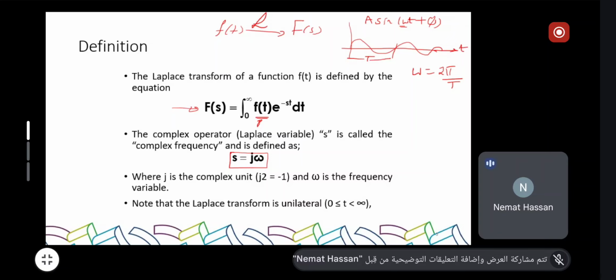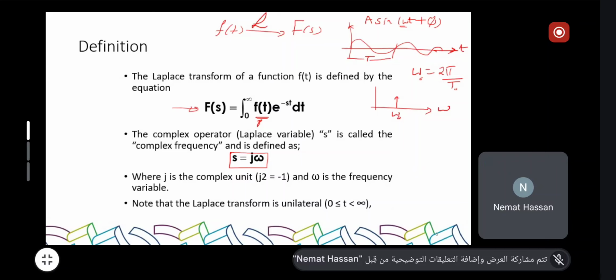And we can plot it in the frequency domain. This plot is in the time domain, where the x-axis represents time and the y-axis represents your signal. You can also plot it where the x-axis represents frequency and the y-axis represents the power of your signal. In this case, if this is t naught, this is omega naught, then your sinusoidal signal is a signal with a single frequency at omega naught.